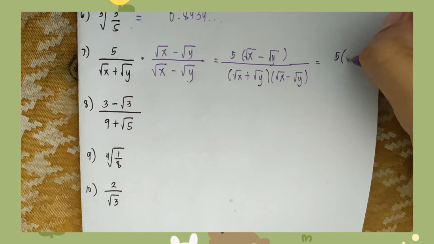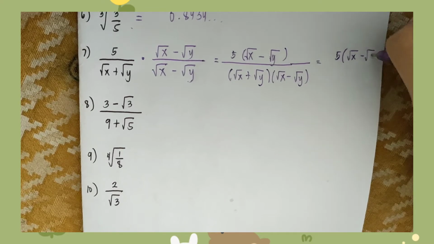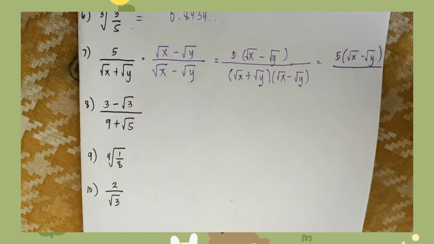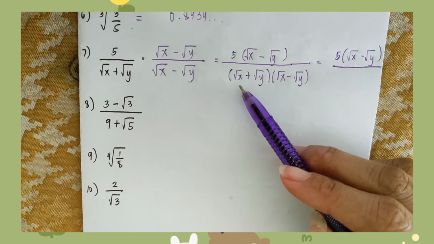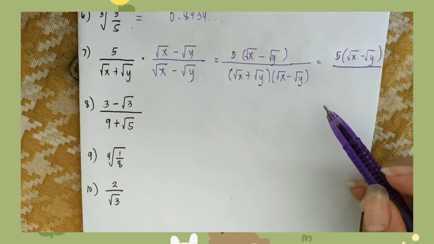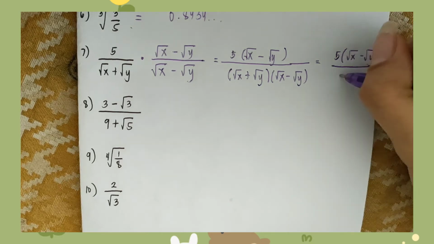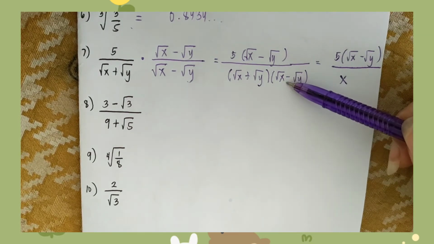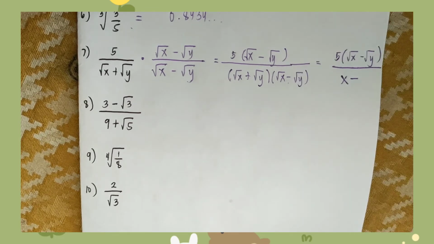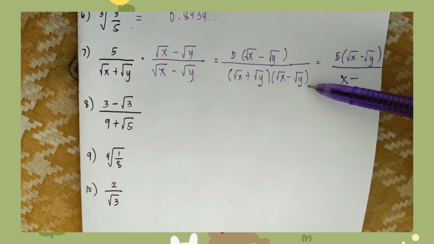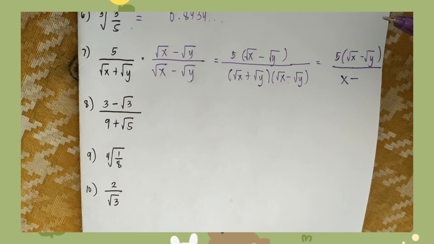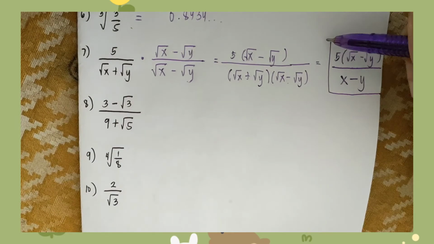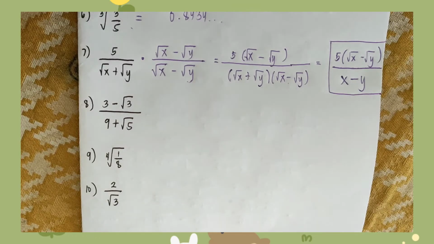So 5 times the square root of x minus the square root of y, all over, so square root of x times square root of x is square root of x squared, and that is just x, and the sign is minus, square root of y times square root of y, that is square root of y squared or just y. This is now our answer for number 7.